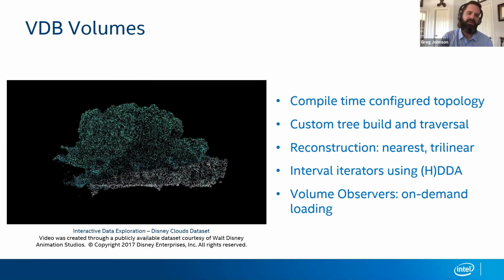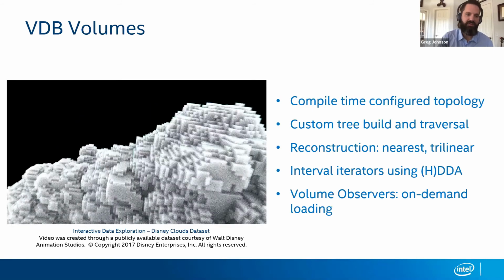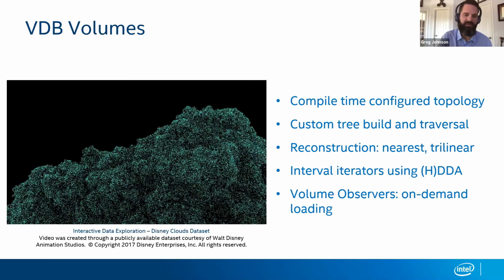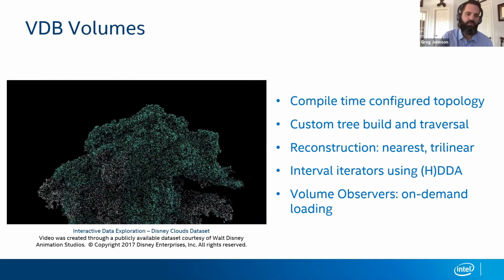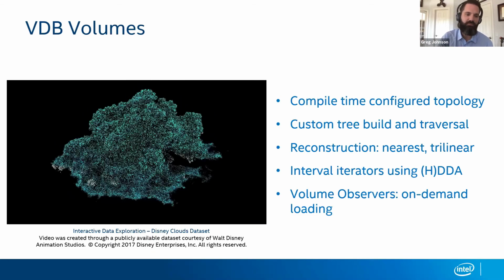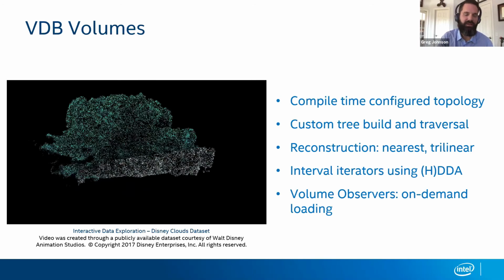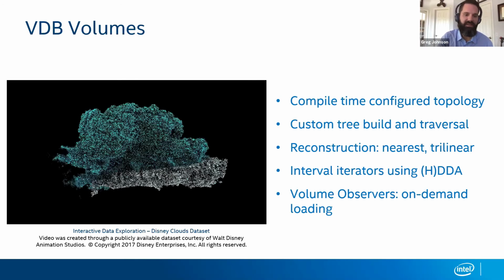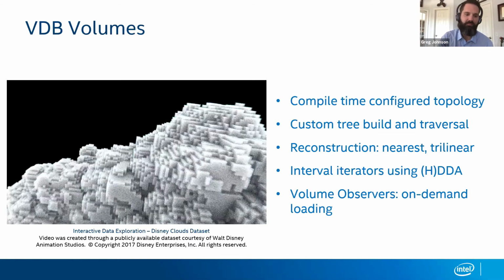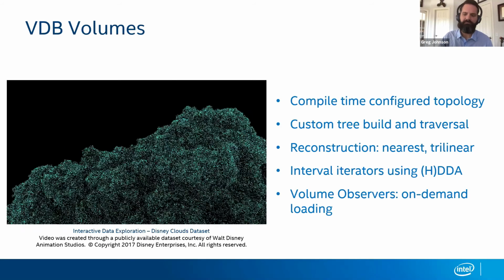In this example, the white parts of the cloud are inner nodes of the VDB tree. Through volume observers, we're able to communicate back to the application which regions of the volume are being sampled, and then we're able to dynamically load leaf data on demand. This is a flexible mechanism for application-side on-demand loading.